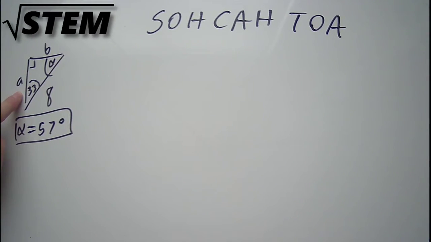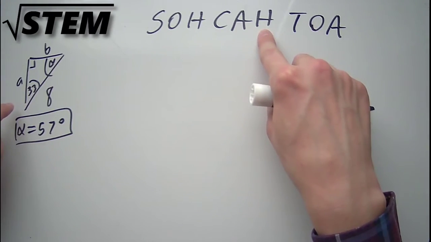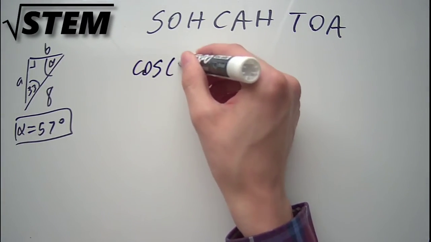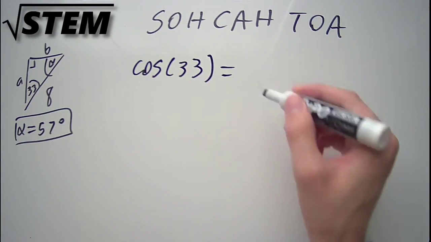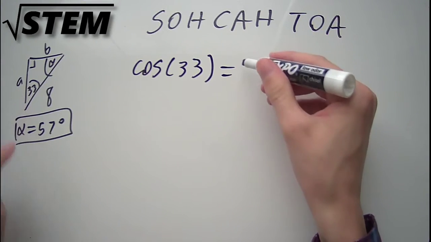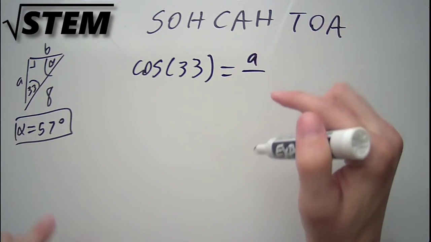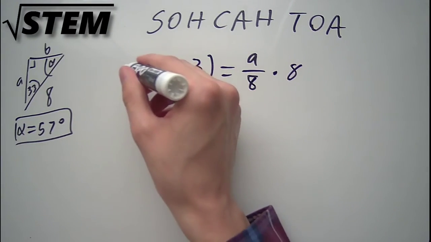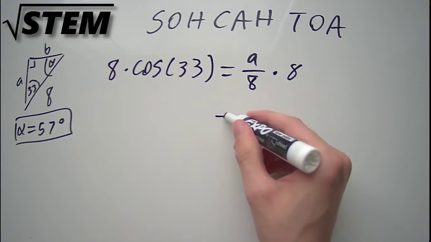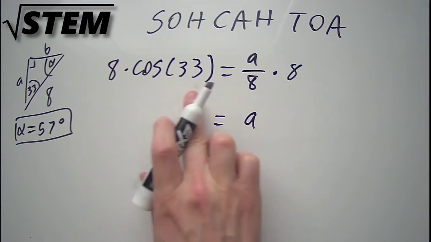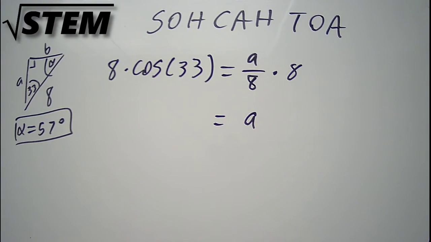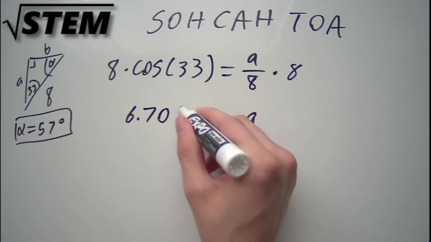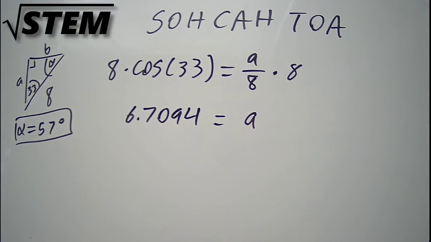So the function that relates the adjacent and the hypotenuse is cosine. So that tells us that cosine of 33 equals the adjacent side, A, over the hypotenuse, 8. Now we can just multiply by 8 on both sides, and we get that A equals 8 times the cosine of 33, which comes out to 6.7094.